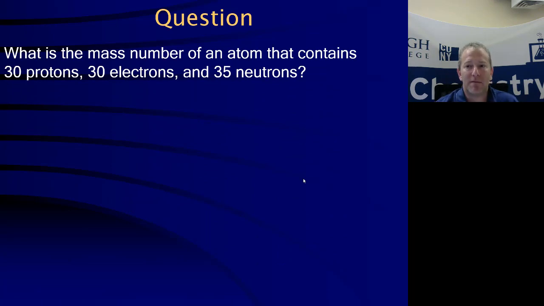Okay, if you have an atom that contains 30 protons, 30 electrons, and 35 neutrons, so it's a neutral element, right? It's got just as many pluses as minuses. If we're just talking about elements on the periodic table, not necessarily in nature, a neutral element that nothing has happened to, no chemistry has occurred on, then we're talking equal numbers of protons and electrons.